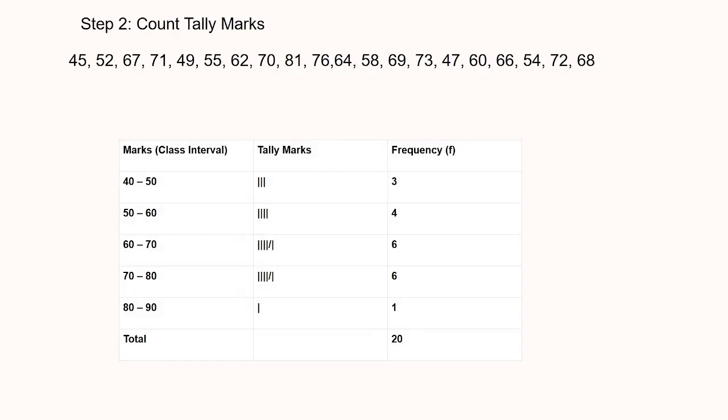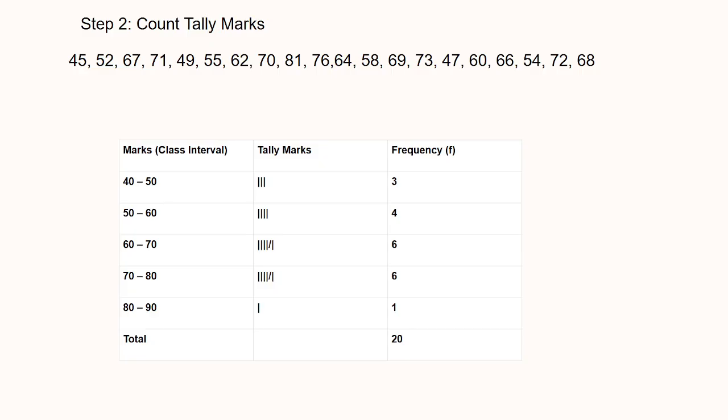Now, step 2 is count tally marks. Now we go through the raw data, one value at a time. Whenever a value falls in a particular class interval, we add one tally mark in that row. For example, 45, 48 and 49 falls in 40 to 50. So we place 3 tally marks.